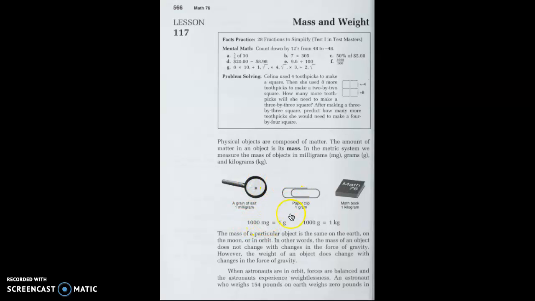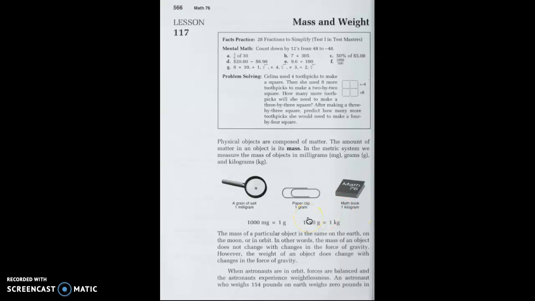These would be equal amounts, just different units of measurement. And 1,000 grams is equal to 1 kilogram. That'd be similar to stacking 1,000 paper clips that measure 1 gram each, which would equal the weight of the math book, which is 1 kilogram.